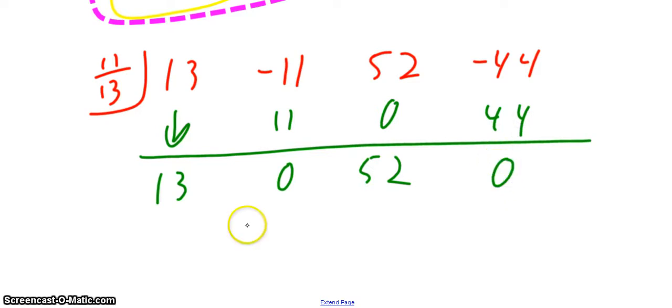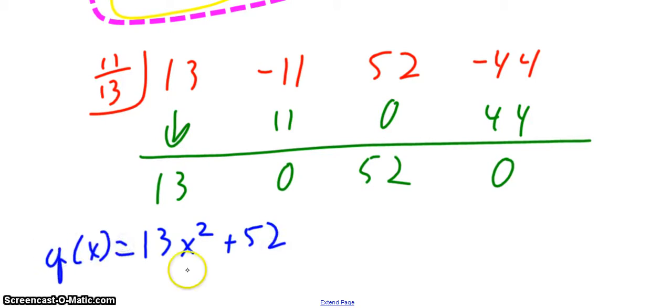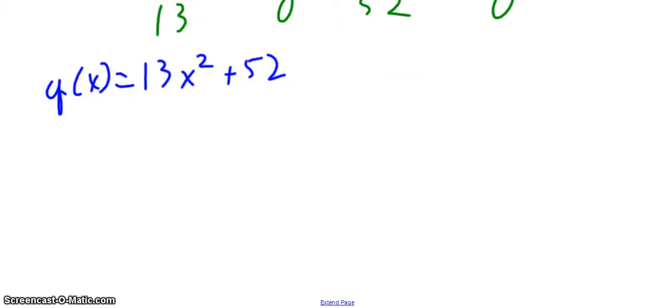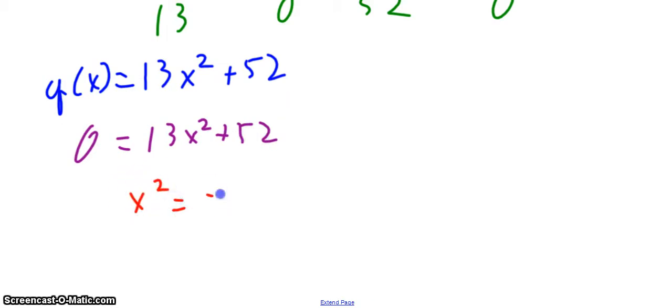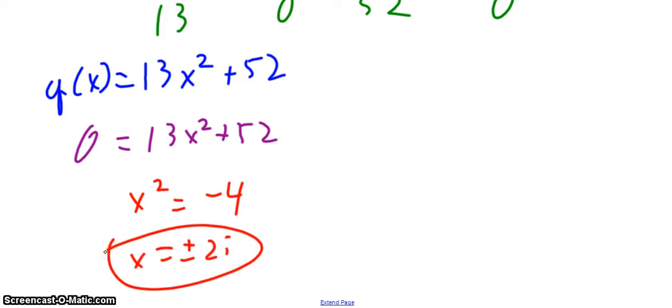I get 0, and I can solve 13x squared plus 52, which when I set equal to 0, I get x squared equals negative 4, and x equals plus or minus 2i again.